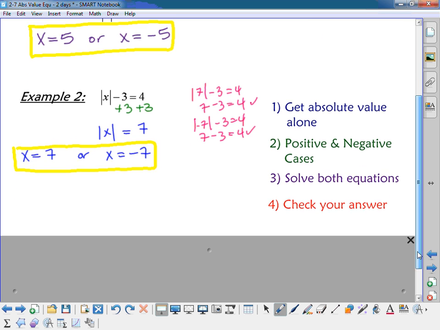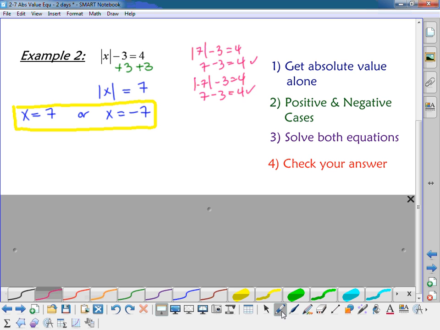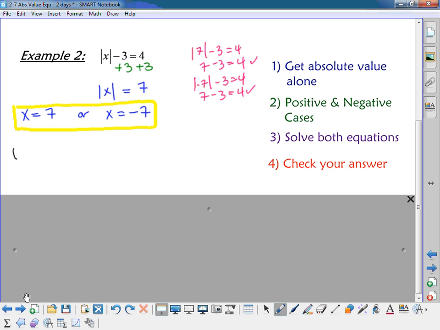So now we'll do one on your whiteboards. Okay, the absolute value of x, and then outside the absolute value bar, we have minus 8 equals 13. So go ahead and solve that. And show me your answer.